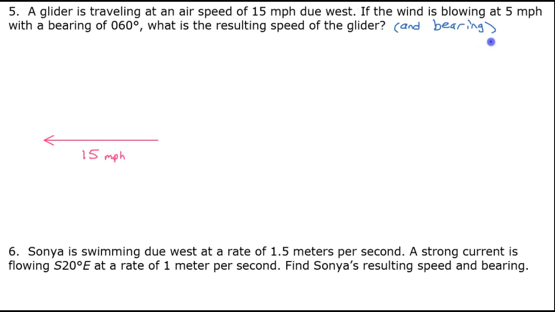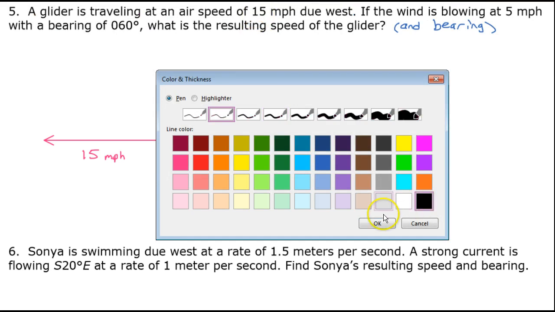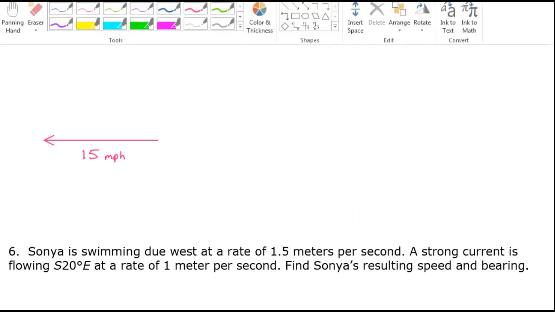Now the wind is blowing at 5 miles per hour with a bearing of 60 degrees. So just real quick, when we talk about a bearing of 60 degrees, remember that bearing is measured from due north.